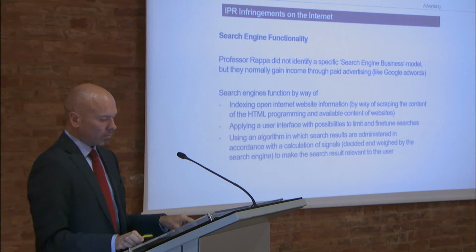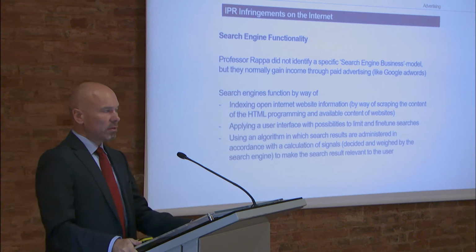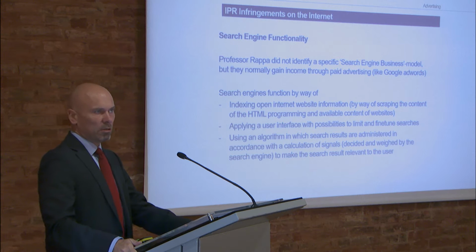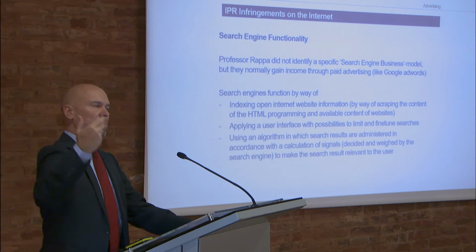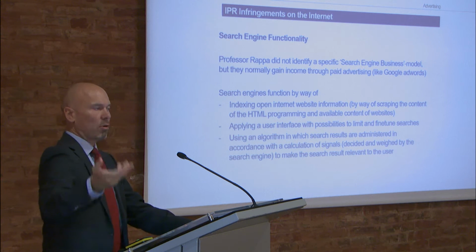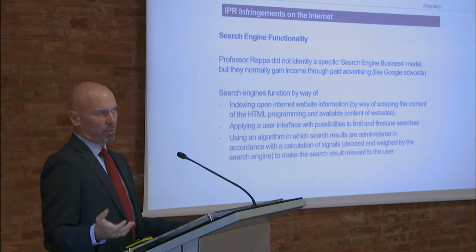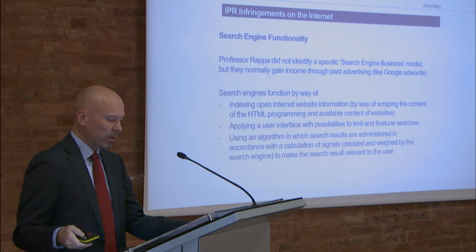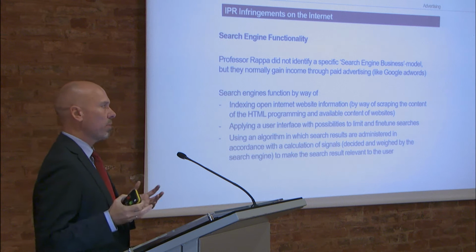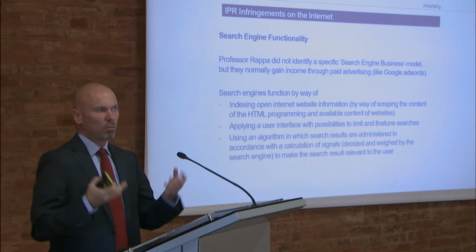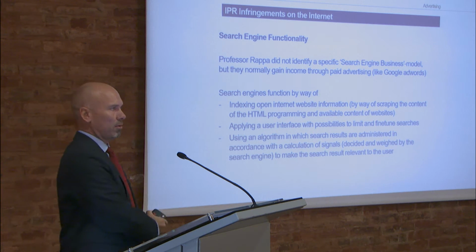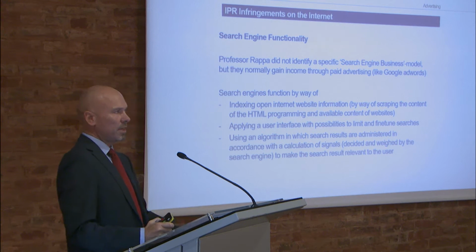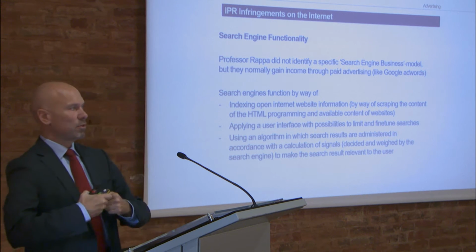Now, the algorithm is the key of any search engine. The better the algorithm is able to generate the results that the users want, the more popular the search engine will be. Because the business model for a search engine is to give people what they want. So if I'm making a search, the algorithm has to create the search results that I was really looking for.